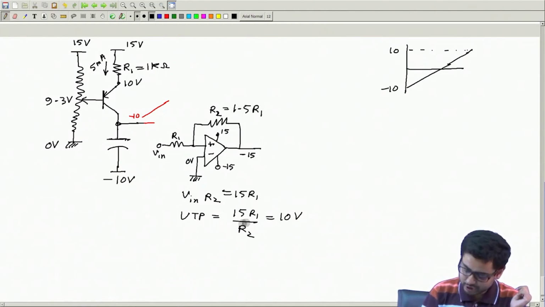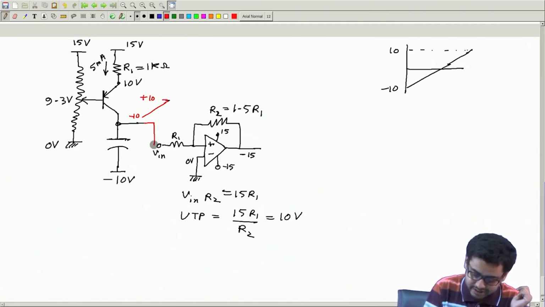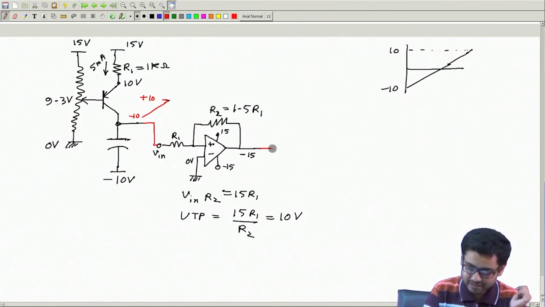If this is equal to 1.5 R1, then this will be 10 volt. So when this goes to plus 10 volt, then this Smith trigger will be activated and its output will be plus 15 volt.